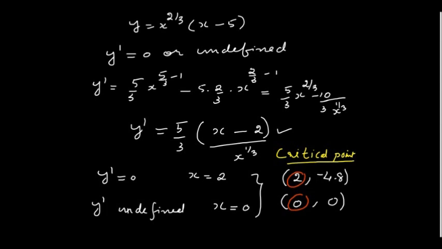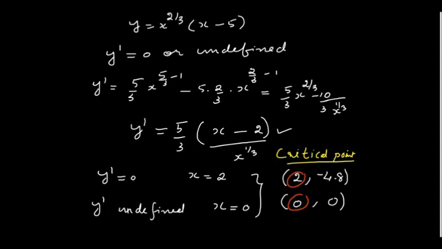So let's see our equation. This is our equation, x raised to 2 by 3 into x minus 5. This function doesn't have a denominator, so you can tell it doesn't have an oblique asymptote anyhow. And about horizontal and vertical asymptote, as x tends to plus or minus infinity, y never becomes a finite number, so there is no horizontal asymptote.